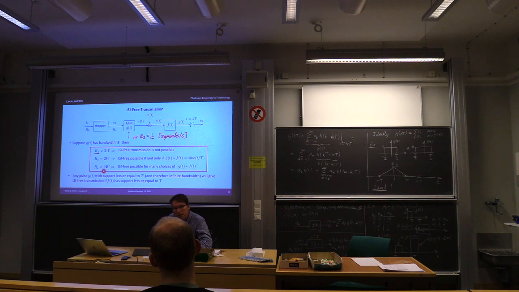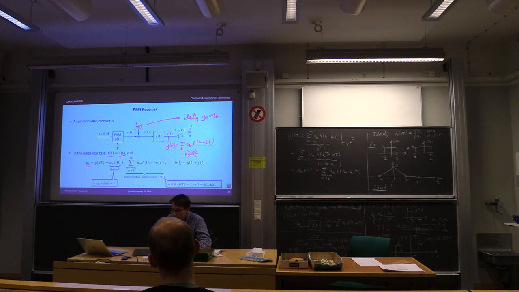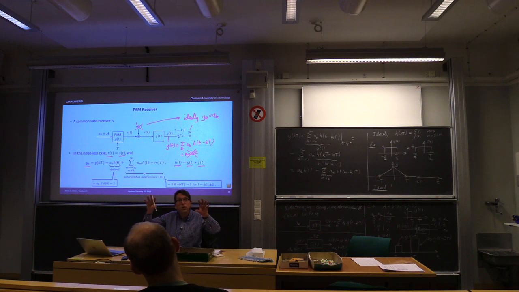If the symbol rate is less than twice the bandwidth, then it's possible to do intersymbol interference-free transmission, and for many choices of G convolved with F. Because, again, what determines if we have intersymbol interference-free transmission is properties of H, right? And H depends on the pulse we have chosen to use at the transmitter and the impulse response we have chosen to use at the receiver. So the combination of these two things needs to be good. Okay.